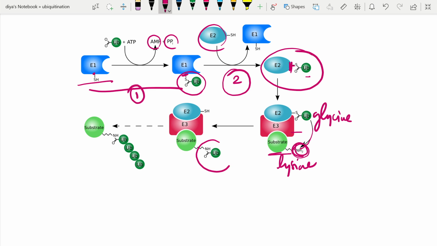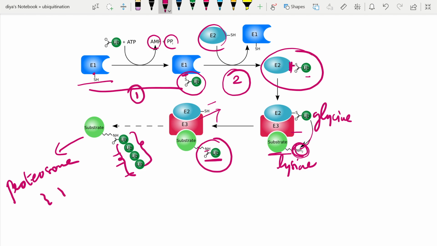You see here the amino group and the ubiquitin are attached to each other by the isopeptide bond. Now the E2 and E3 leave, and the substrate is then added with another ubiquitin protein, at least 4, so that they can be degraded. They then go to the proteasome and are degraded into smaller amino acids.